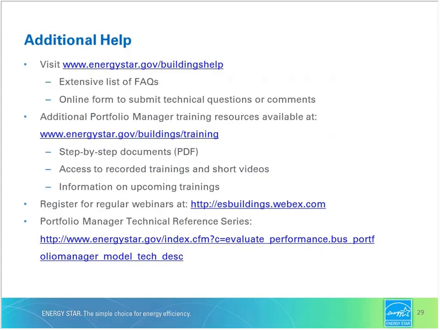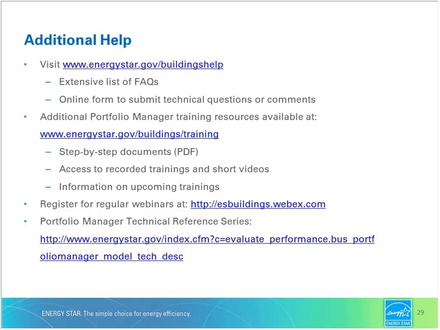And then, of course, this is a typical slide that you've seen if you've been on prior Energy Star webinars. We have a lot of additional help resources. If you have any questions, the first place to go would be energystar.gov/buildingshelp. There, the first thing you'll see is an extensive list of keyword searchable FAQs, including, I believe, a subcategory of FAQs just focused around emissions.